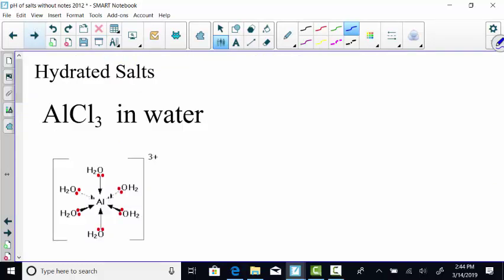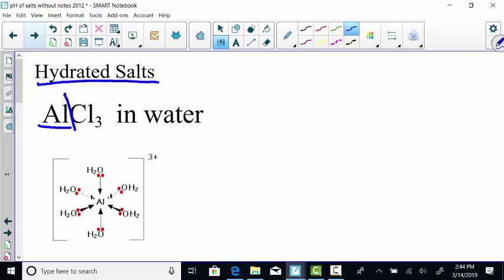Now, weird salts. Okay, there is something called hydrated salts. Okay, and so there are a lot of salts that when you put them into water, okay, the metal ion is going to become surrounded with water molecules.